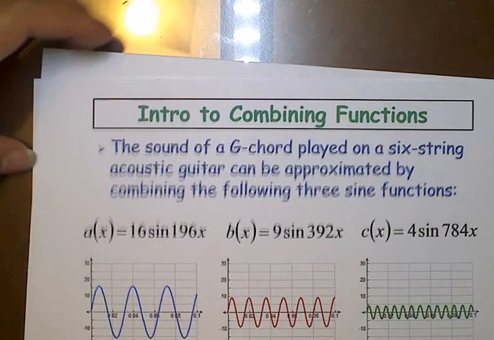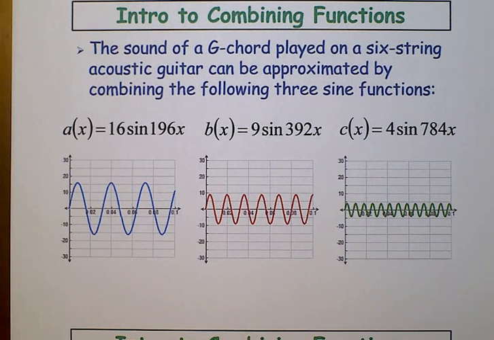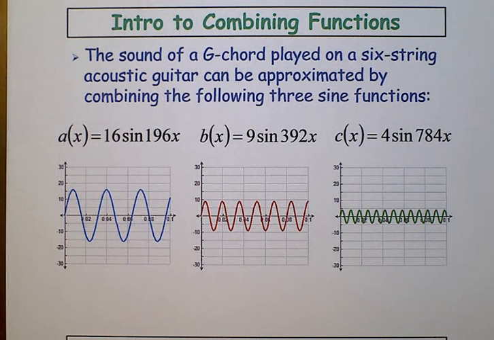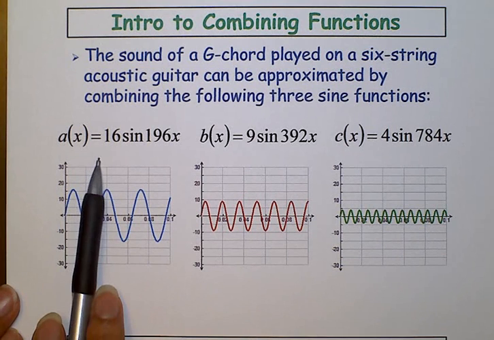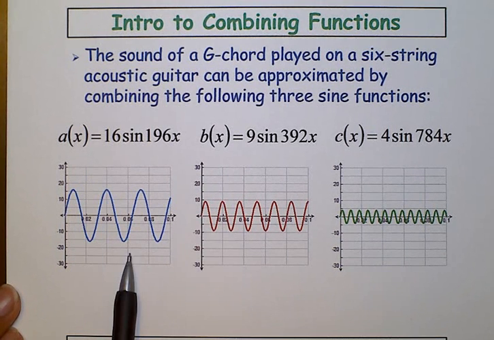So for a guitar, let's say you're looking at the sound of a G chord played on a 6-string acoustic guitar. The sound that it makes can be approximated by combining the following 3 sine functions. So here's the first function, the second function, and the third function. And you'll notice that the period and the amplitude for each of these actually vary.